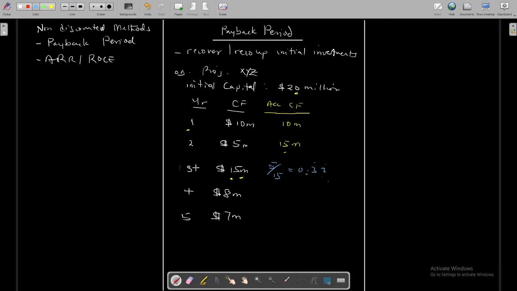It is not a full year. So it took us 2.33 years to recover our initial investment, because we recovered $15 million in 2 full years, plus a fraction of a year to recover the full amount.